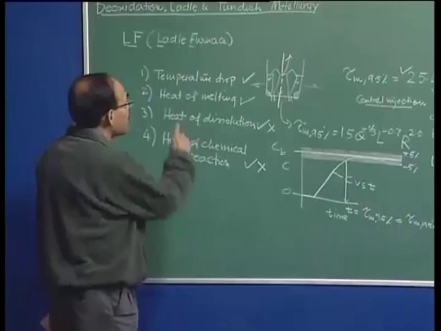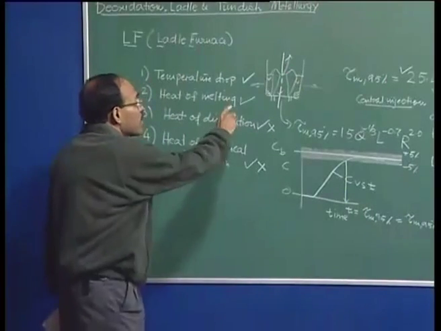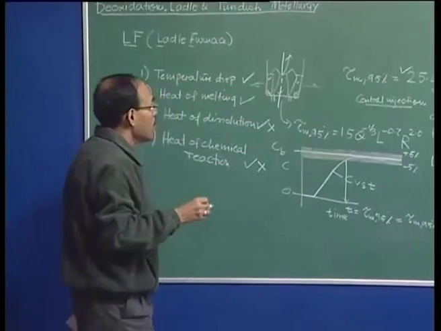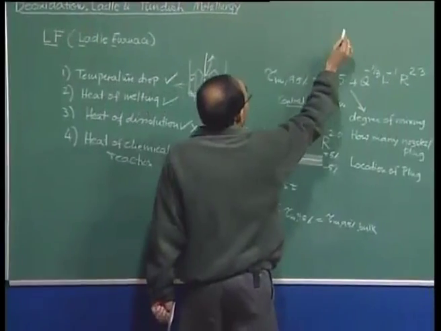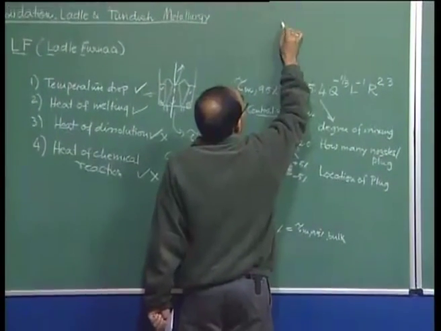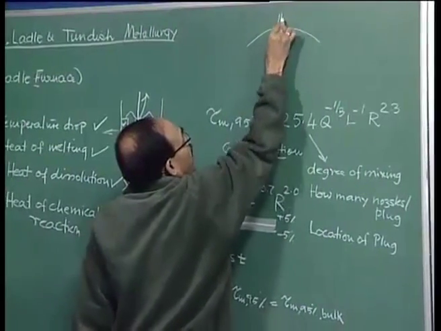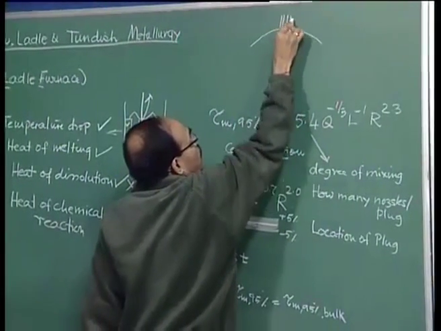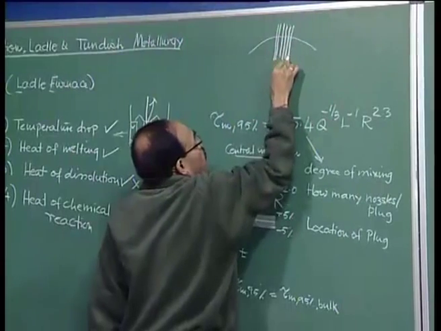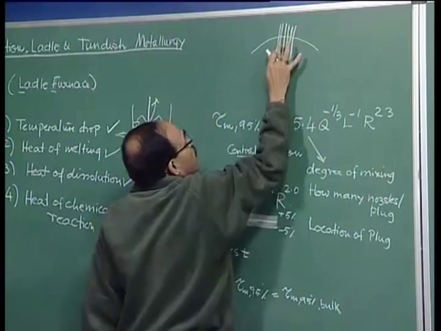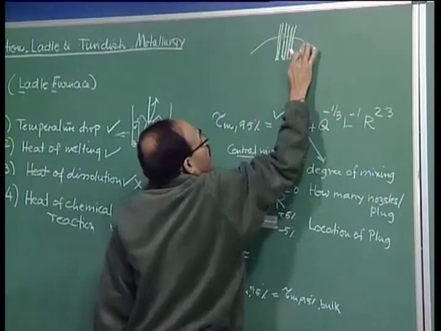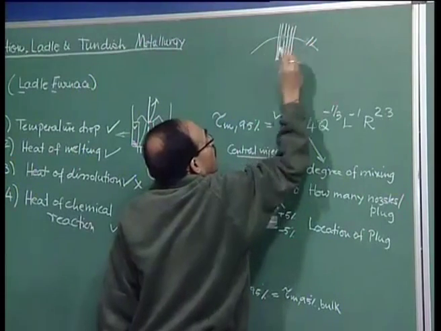Now, how does a ladle furnace look like? This ladle is converted into a ladle furnace just by having a roof through which we have an arrangement like electrodes. These are my 3 electrodes, and we have a roof here.